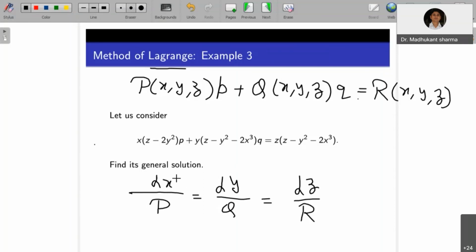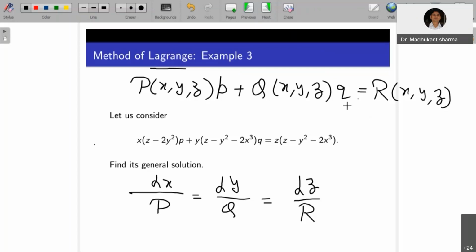Dx means total derivative with respect to x, and P is the coefficient of dou z by dou x. Dy divided by Q is the coefficient of dou z by dou y. And the rest, dz by R, is the right hand side.